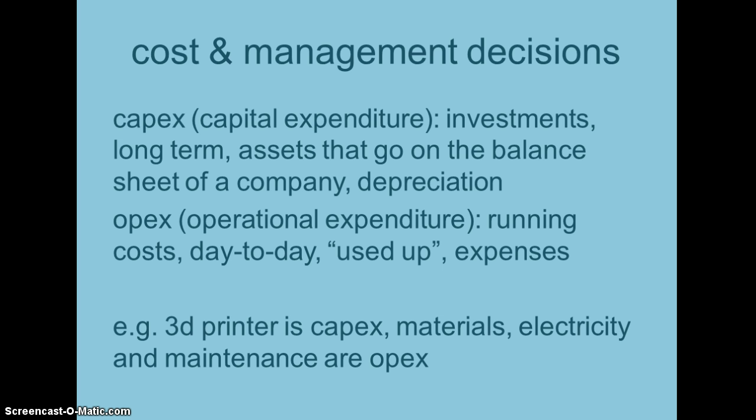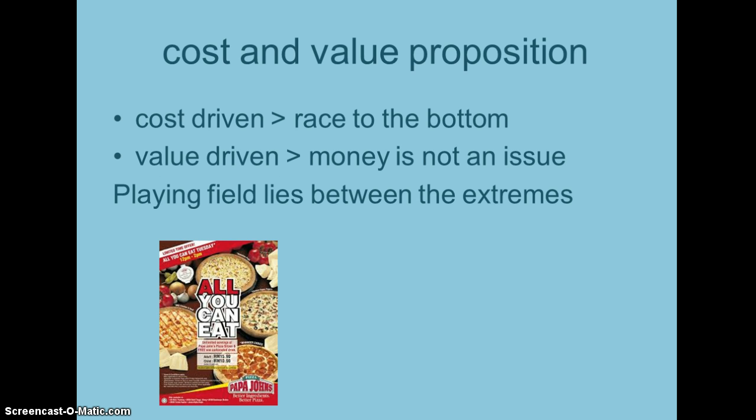Operational expenses are the running costs, day-to-day or used-up expenses. Often companies have several different budgets for CAPEX and OPEX, and that can be influencing your project budget. So maybe the CAPEX budget for the year is already done, and then you can only do a project if there's OPEX budget still open, or the other way around.